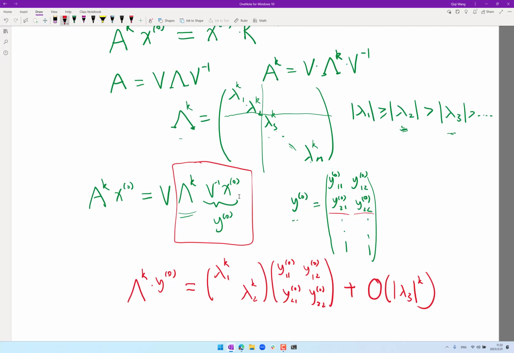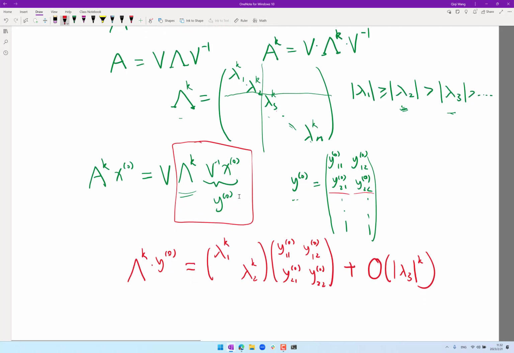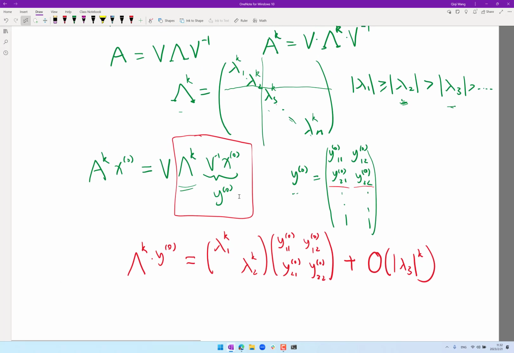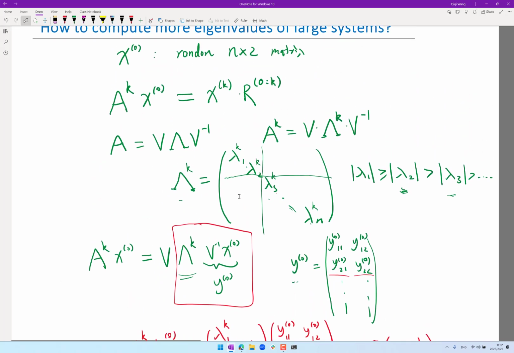Okay. So this is super nice, because it simplifies the whole iteration, from iterations that involve n by n matrices and n by 2 matrices, into an algebra that is completely 2 by 2 matrices.